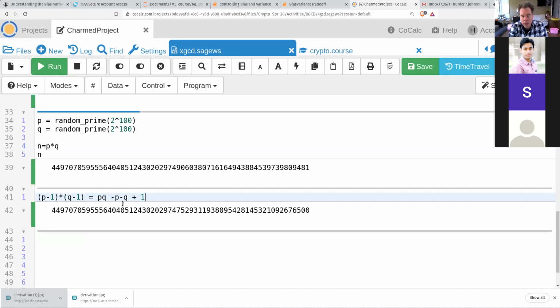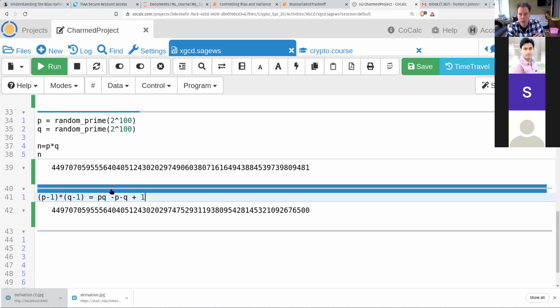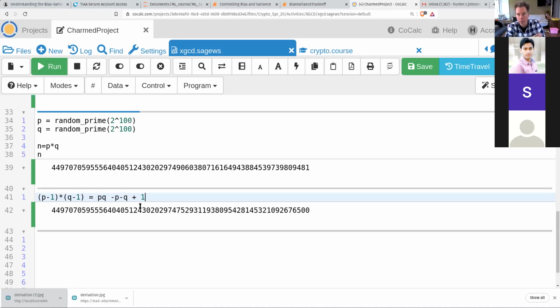This P times Q is like n, and each one of these is like the square root of n. So it's like n minus the square root of n asymptotically. Square root of n is much smaller than n. So the point I wanted to make here is if n is a big number like it will be in cryptography, then phi of n is also a huge number.